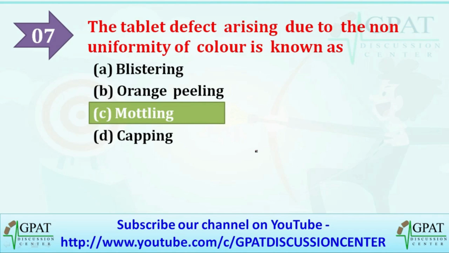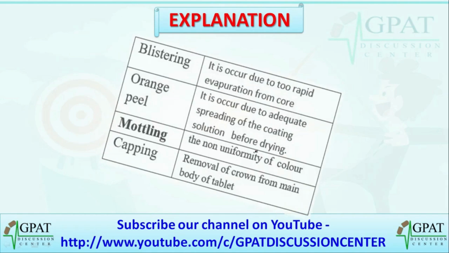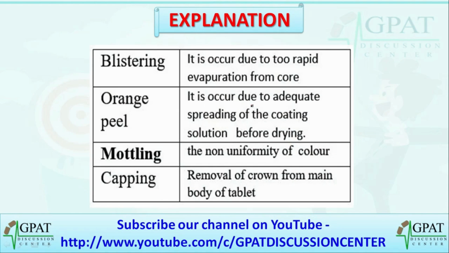Mottling is the tablet defect arising due to the non-uniformity of color. Here we have an explanation that various types of defects are there. Blistering occurs due to the rapid evaporation from the core, whereas orange peel occurs due to the inadequate spreading of the coating solution before drying.